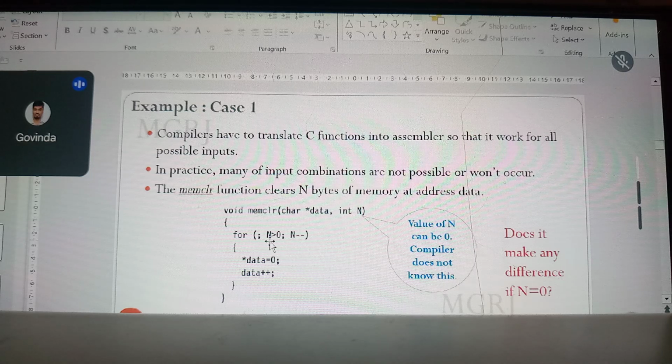What we are basically doing is clearing a number of memory locations pointed to by the pointer, and the number of locations to be cleared is indicated by the value of n. To pass the control to this function, we know there will be a function call latency. This function call latency can be avoided by not passing control to this function, provided the value of n is equal to 0.